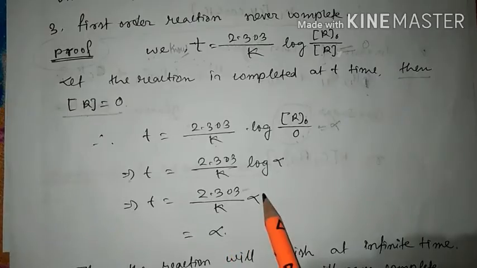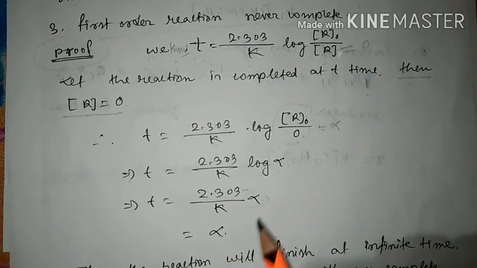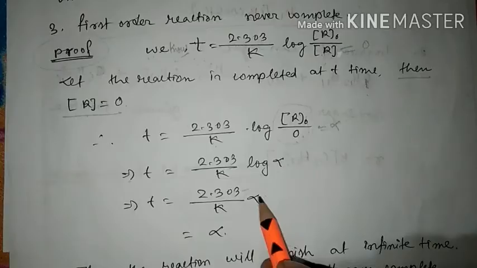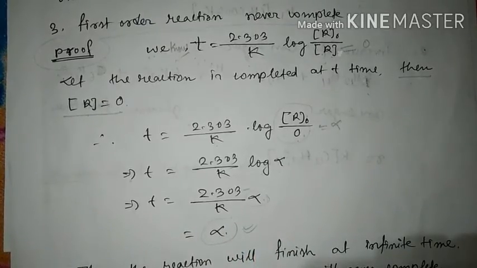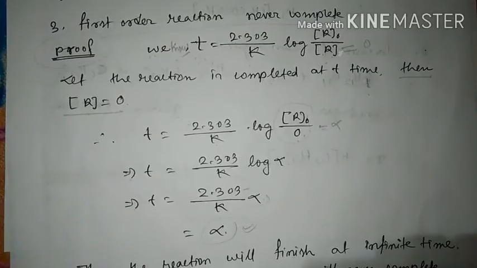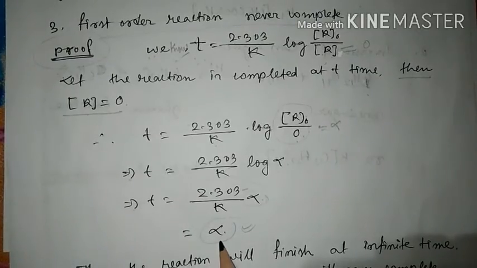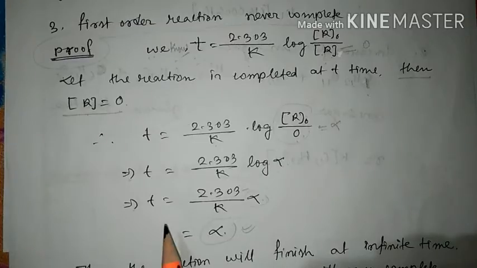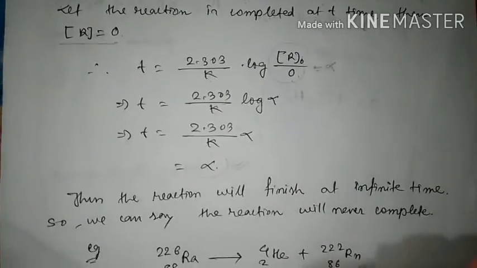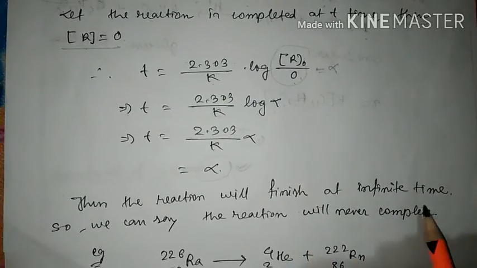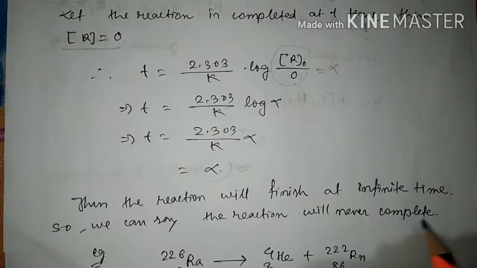If we put all the values, we get an infinite value. That means t becomes infinite. That's why I'm saying first order reactions take infinite time for completion. If it takes infinite time, then obviously the reaction will never complete.